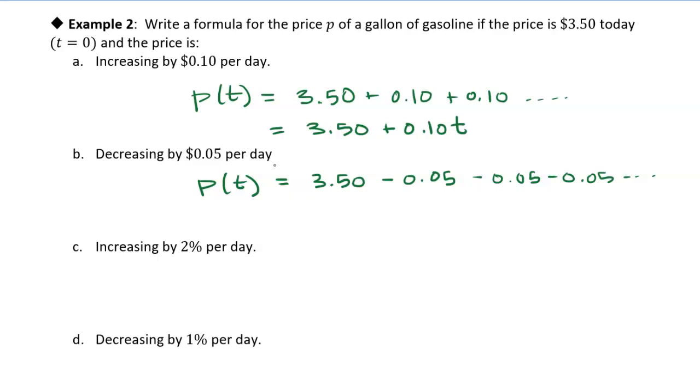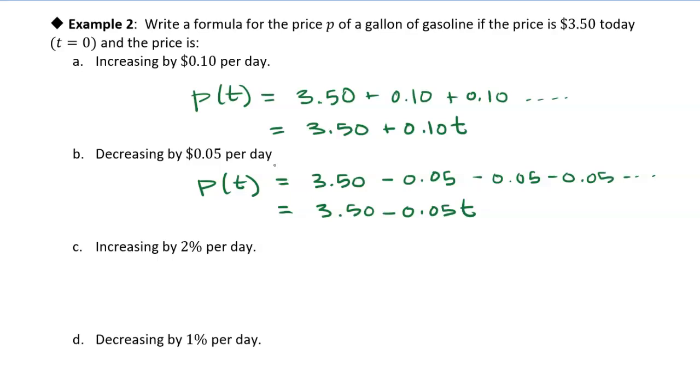So the short way to write that is to take $3.50 and subtract 5 cents t times. That will give us the price of the gas t days from today.